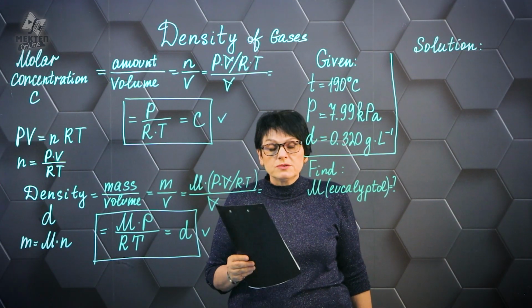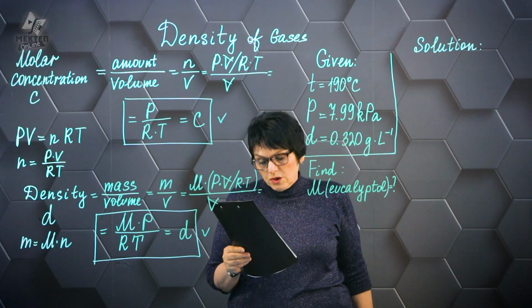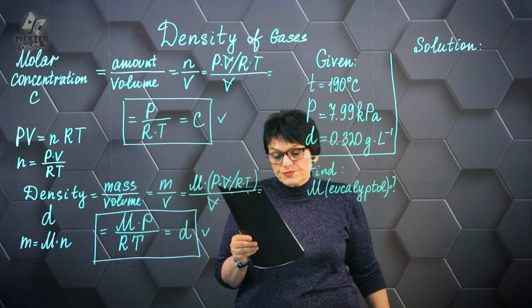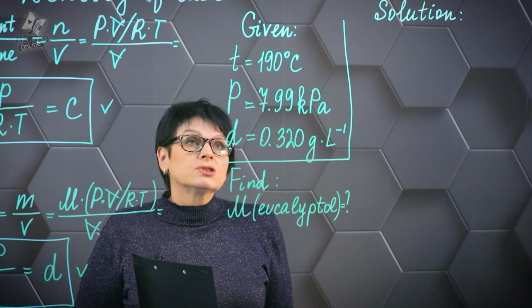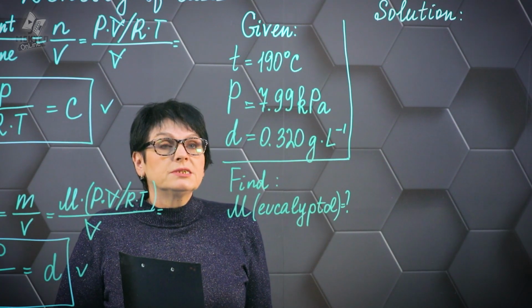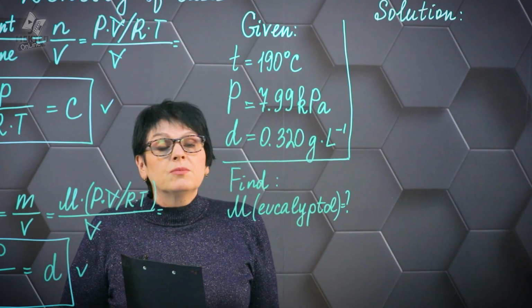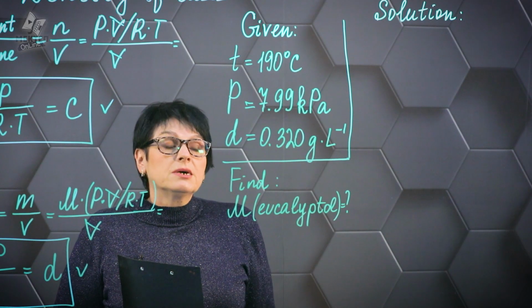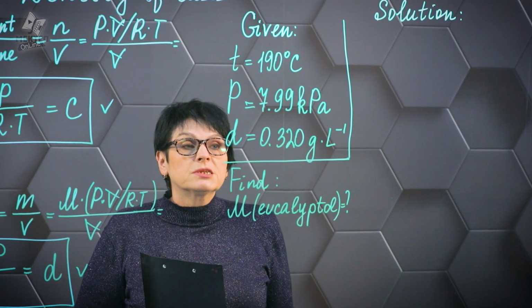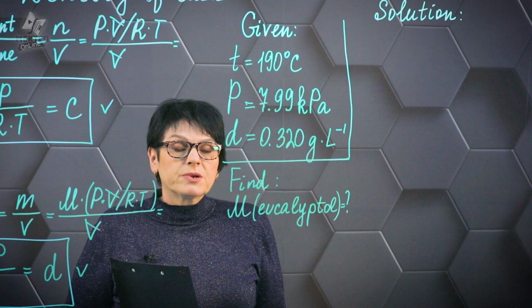We've taken an oily substance that's part of the eucalyptus plant, and at a temperature of 190 degrees Celsius and a pressure of 799 kilopascals, the density of this substance, which is part of this oil, is 0.320 grams per liter.